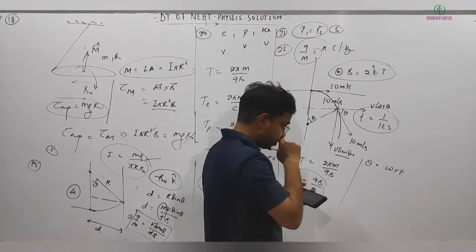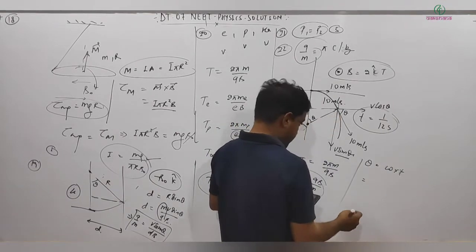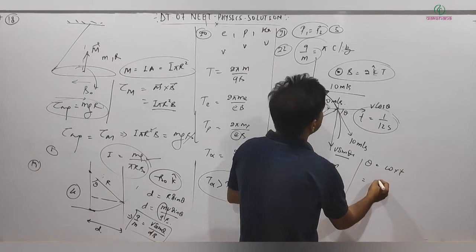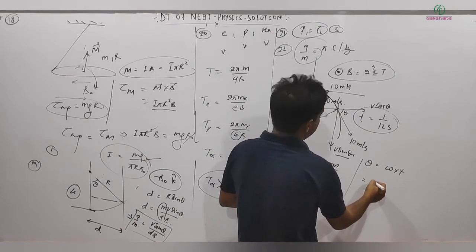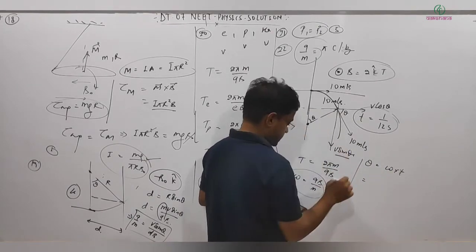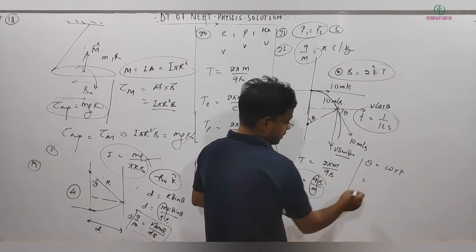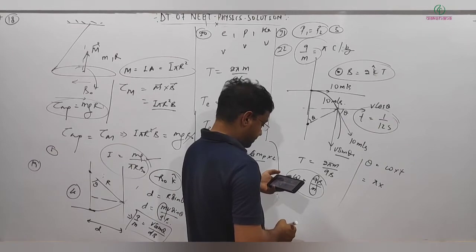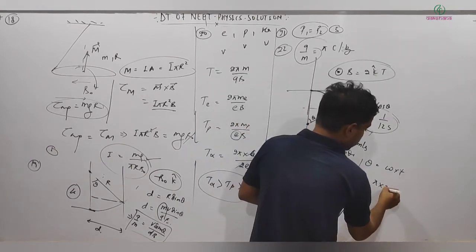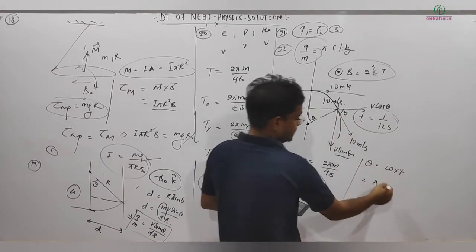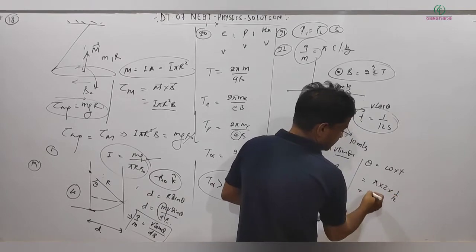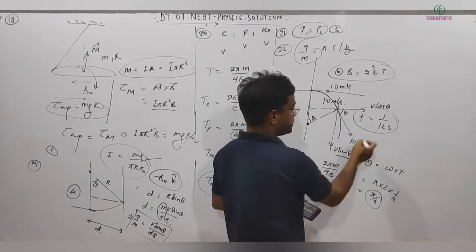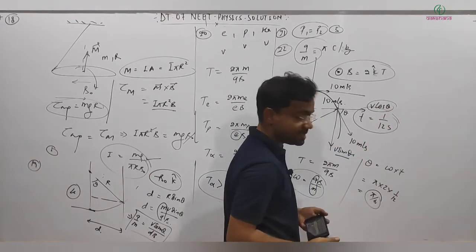Just substituting the values, omega t is q by m, which is pi, multiplied by B, which is 2, into t, which is 1 by 12, so this is pi by 6, which is 30 degrees.